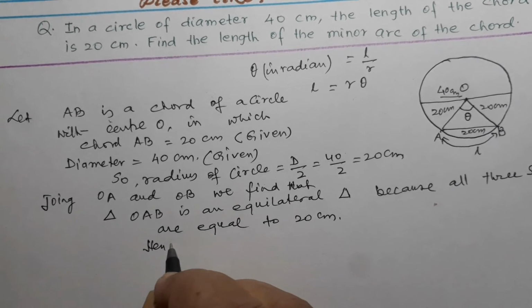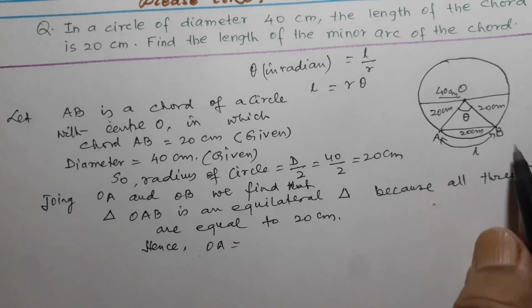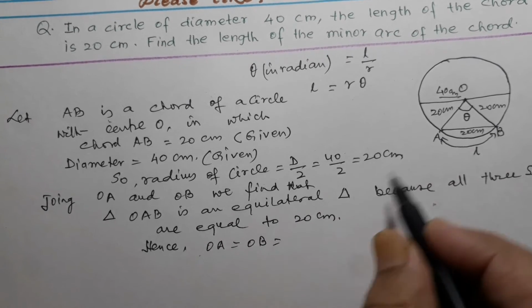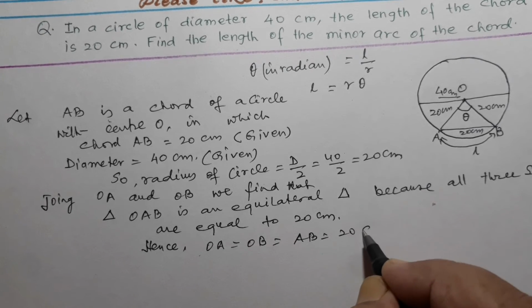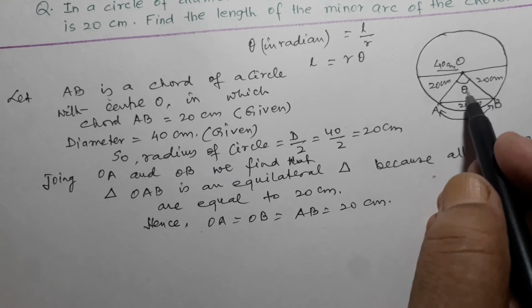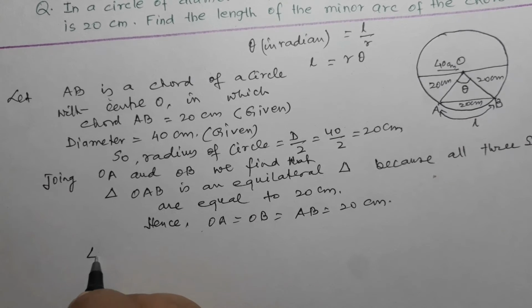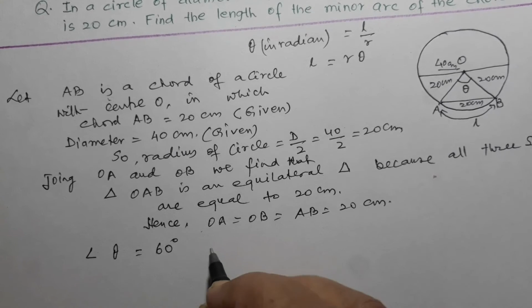Hence OA is equal to OB is equal to AB is equal to 20 centimeter. Now this angle, that is theta, angle theta is equal to 60 degree. Why?